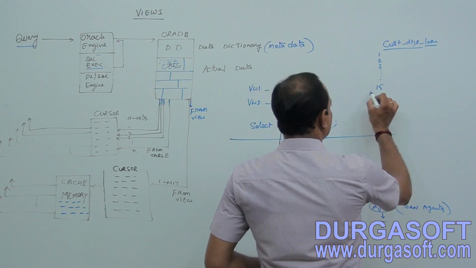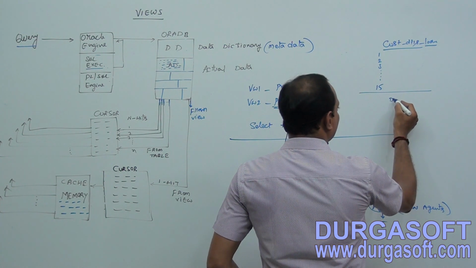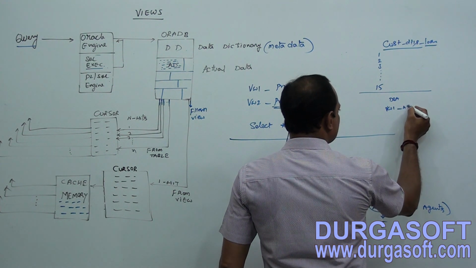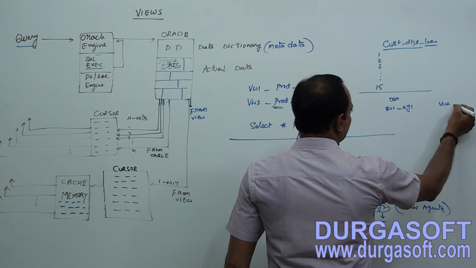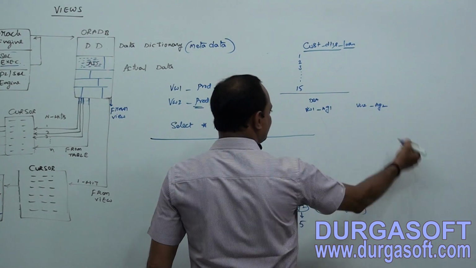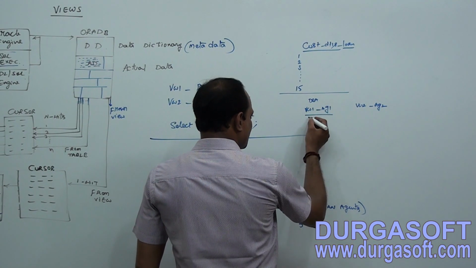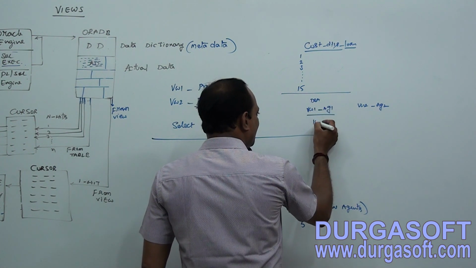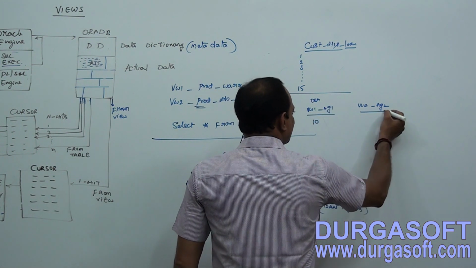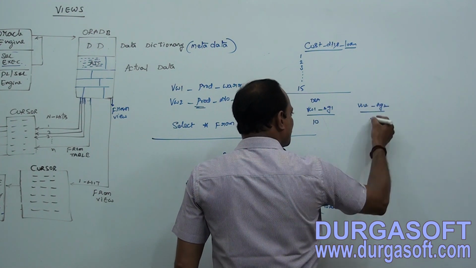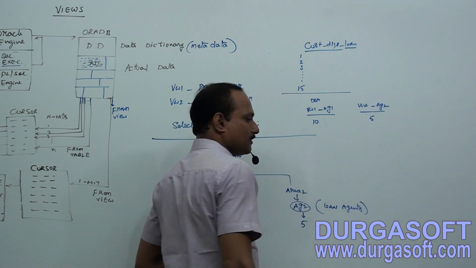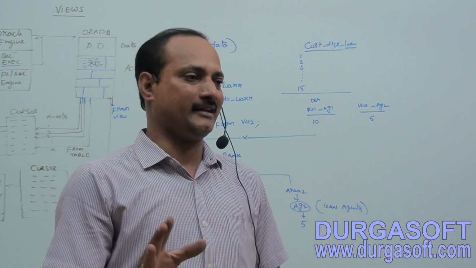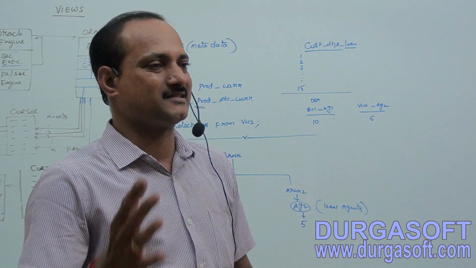According to the requirement, the DBA can create views: view 1 for agent 1, view 2 for agent 2. If agent 1 selects data from view 1, he will get only 10 customers' data. If agent 2 selects data from view 2, he will get only 5 customers' data. So the agents get their own respective data only. They should not touch others' data.